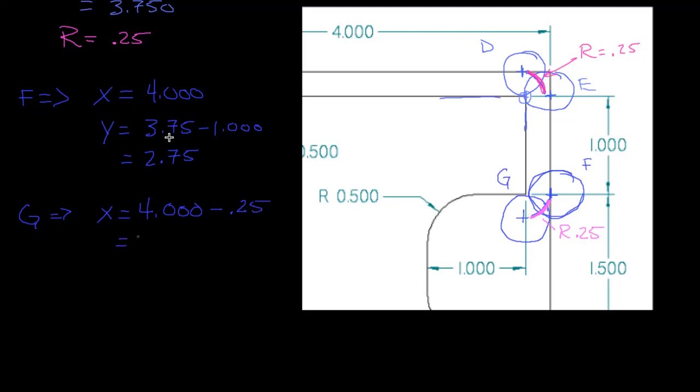So this is now at 3.75. That works. Okay, and then the cutter was at point F at 2.75 inches, but it just moved down a quarter of an inch. So 2.75 minus 0.25 is now equal to 2.5 inches.